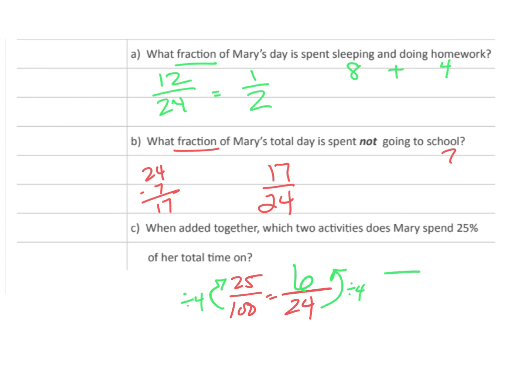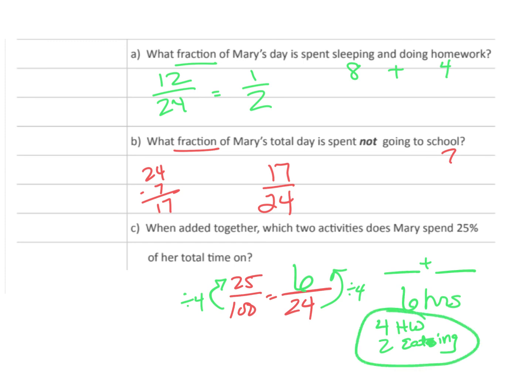So I've got to figure out two activities that when added together equal 6 hours. Well, if you go back, 4 hours was spent working on homework, 2 hours were spent eating. So there are the two activities that she spent 25% of her day on.